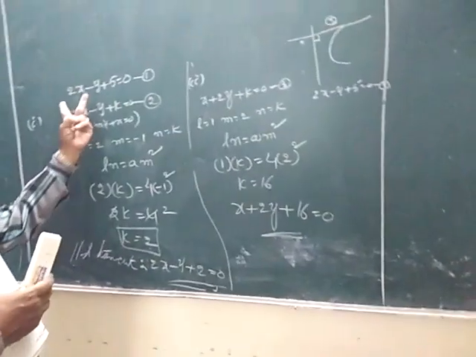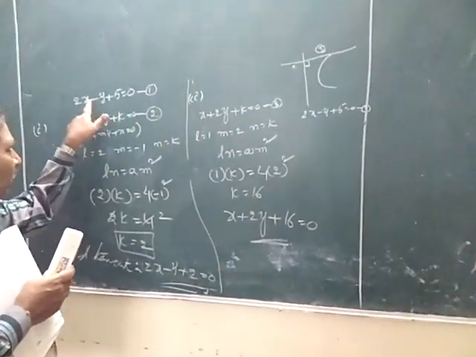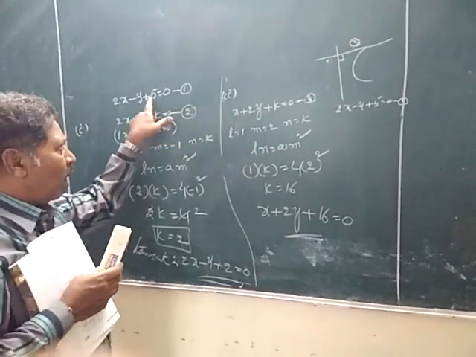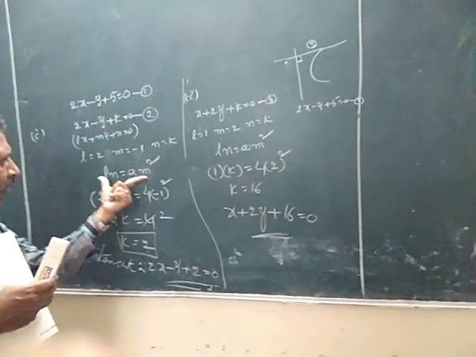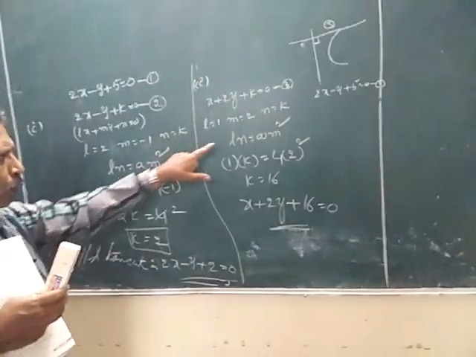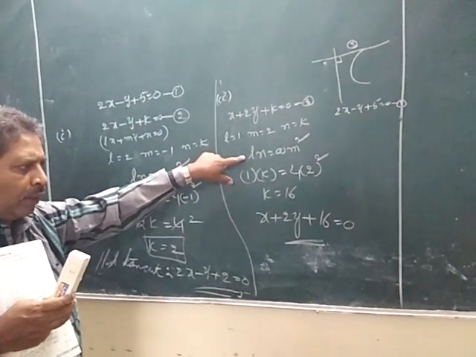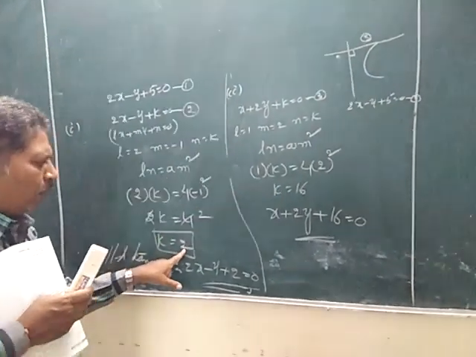Perpendicular line: interchange xy coefficients, middle symbol and constant. In both cases, tangent condition is ln equal to am square. So in this case, k value 16, k value 2.